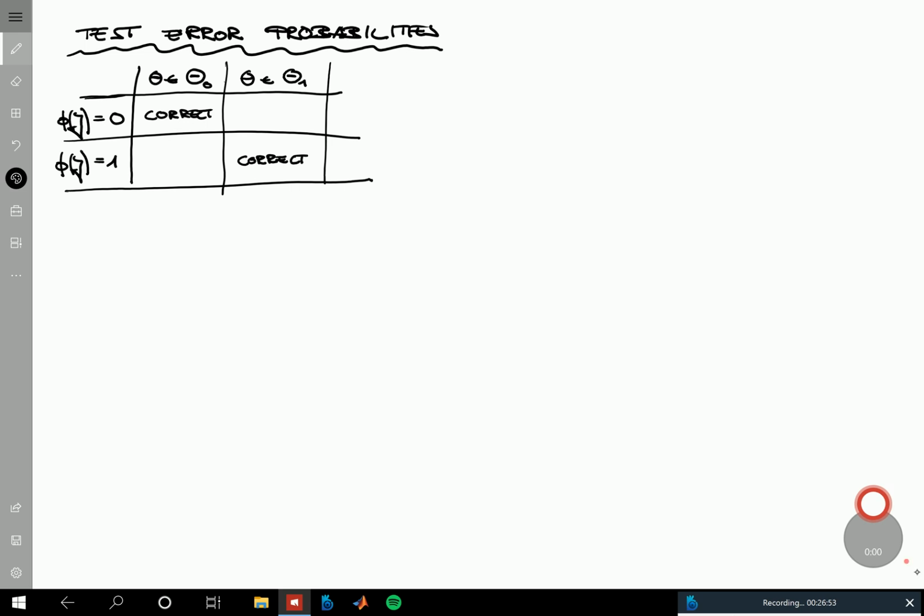You can reject the null hypothesis if it is in fact true; for some reason this is called a type 1 error. And you can accept the null hypothesis if the alternative is true; this is called a type 2 error. So these are the single test scenario errors and correct decisions.